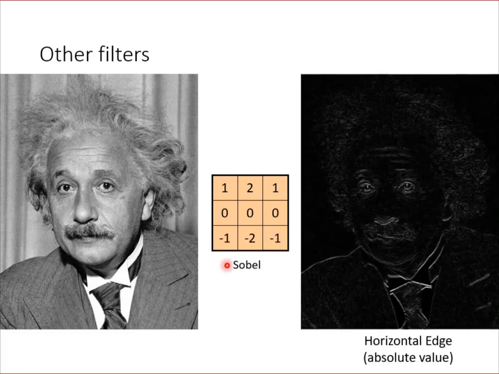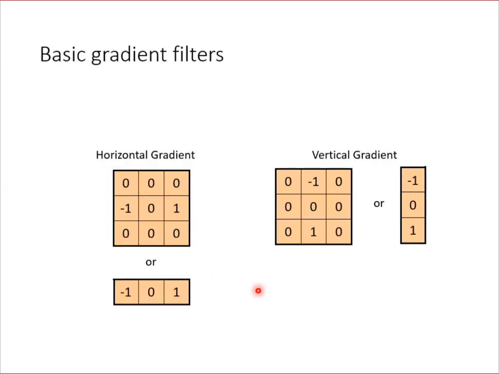It's called Sobel, because it was developed by the researcher Sobel. And in general, if we have negative and positive values on the two sides, then it can be used to find edges, because an edge means a significant change in intensity.